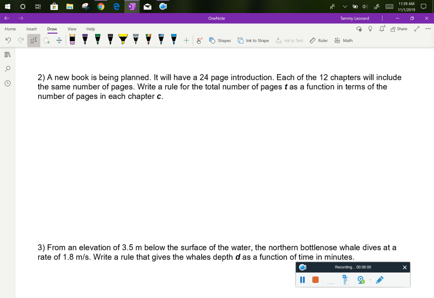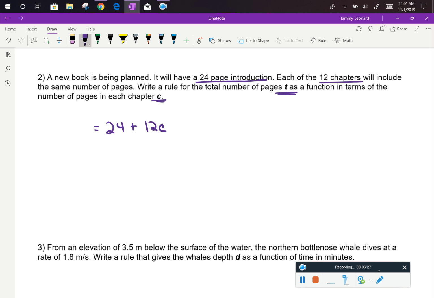All right, so this 24-page introduction is separate from the chapters, so that's just 24 pages that go into this book. But then we know that there are 12 chapters, each including the same number of pages, and that the number of pages in the chapter is C. So if we multiply the number of chapters by the number of pages in each chapter, that's how many pages are contained within the chapters of the book.